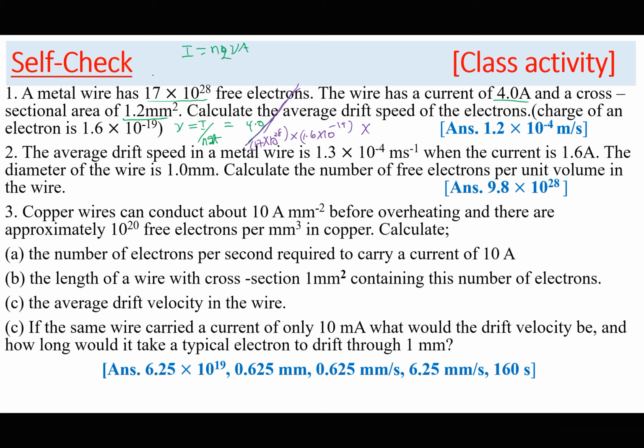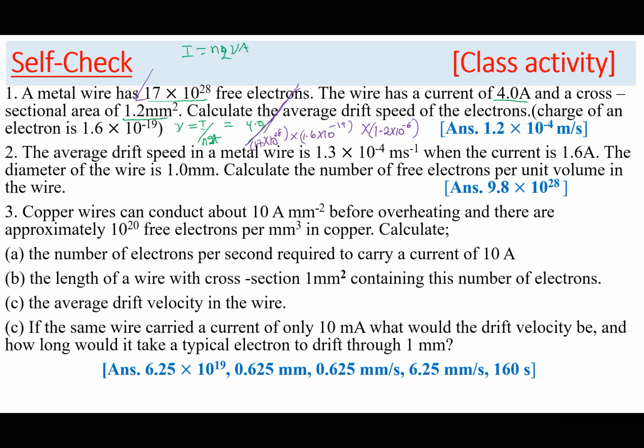I have to change the cross-sectional area into meters squared. 1 meter is 1,000 millimeters, so it means 1 meter squared is going to be 1 million square millimeters. So this will be 1.2 times 10 to the power of minus 6 to change it to meters squared.